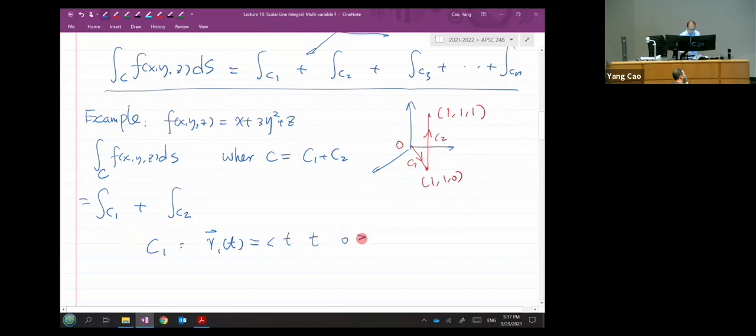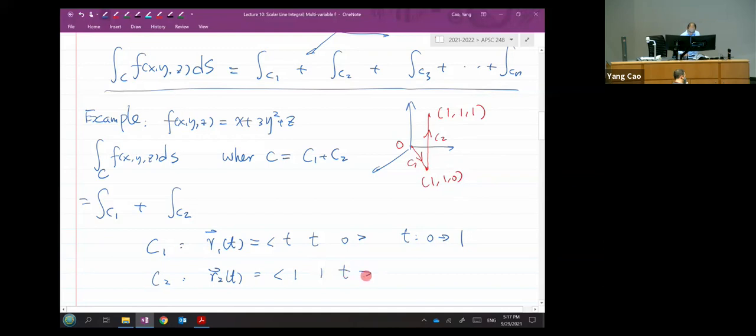So for C1, I will use the parametrization as we did in our exercise. t goes from 0 to 1. Okay, so that will give me the C1 curve. For C2, it goes from 1,1,0 to 1,1,1. So the x and y coordinates are not changing: 1 and 1 for x and y, and z goes from 0 to 1.